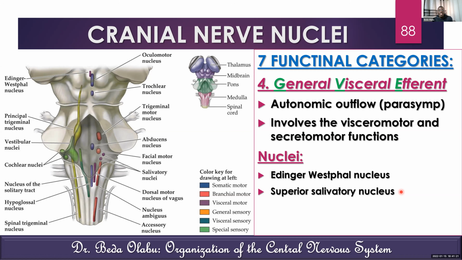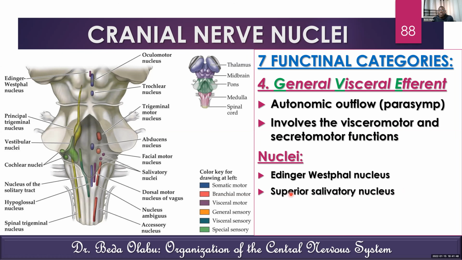Some people call that the lacrimatory nucleus. So if that be it, then you need to add to this list the lacrimatory nucleus as well. The lacrimatory nucleus is a general visceral efferent nucleus of facial nerve that contains preganglionic fibers which go to the lacrimal gland.